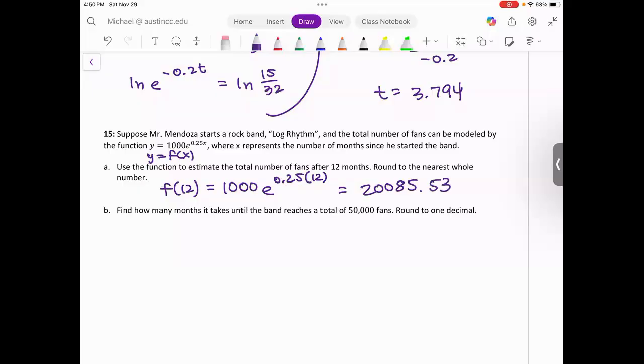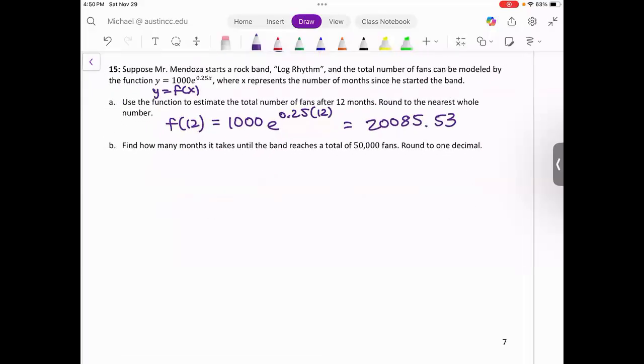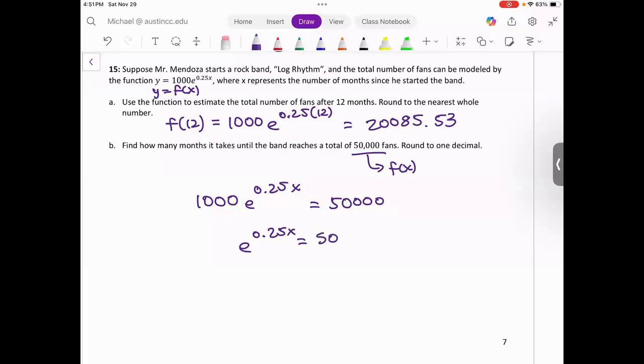Okay. How many months does it take until the band reaches a total of 50,000 fans? This is our f of x. When f of x equals 50,000, what is x? So we'll take 1000 e to the 0.25x equals 50,000. We can divide each side by 1,000, and we get e to the 0.25x equals 50. So again, take the natural log of each side.